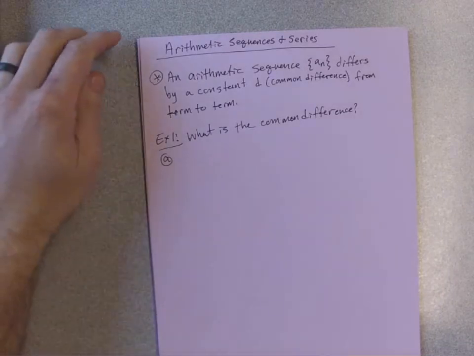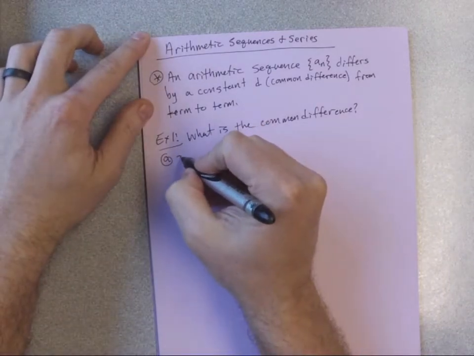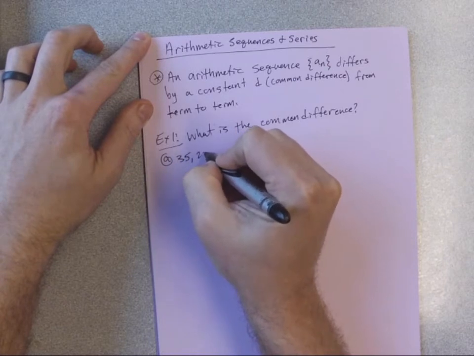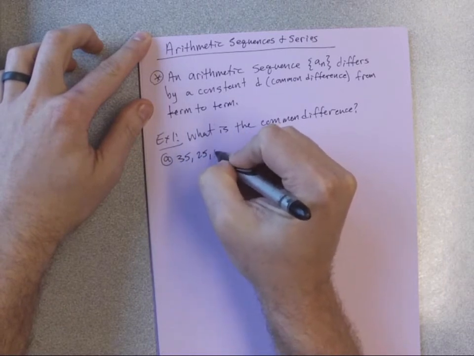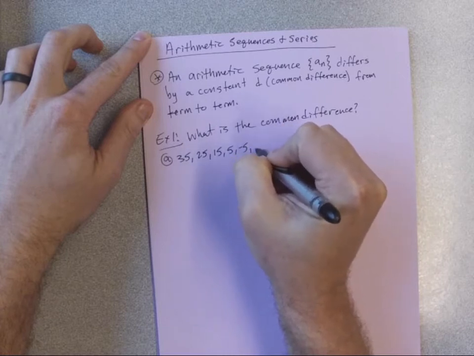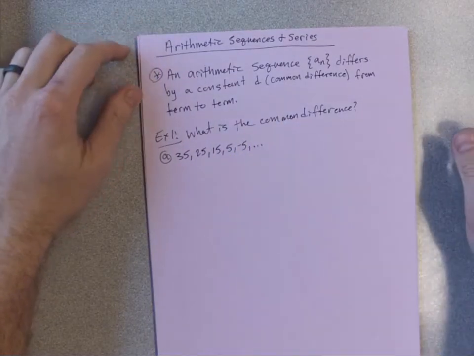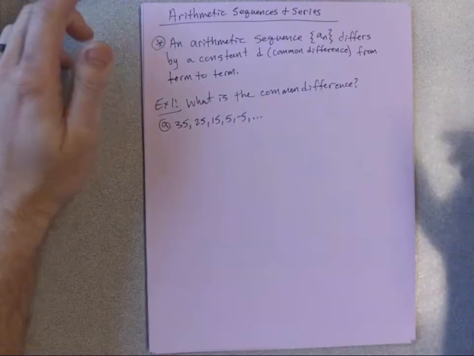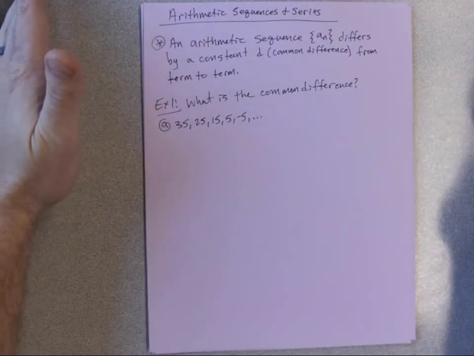So part A, let's say we have this sequence: 35, 25, 15, 5, -5, and so on. And what I want to know is, what is the common difference from term to term?